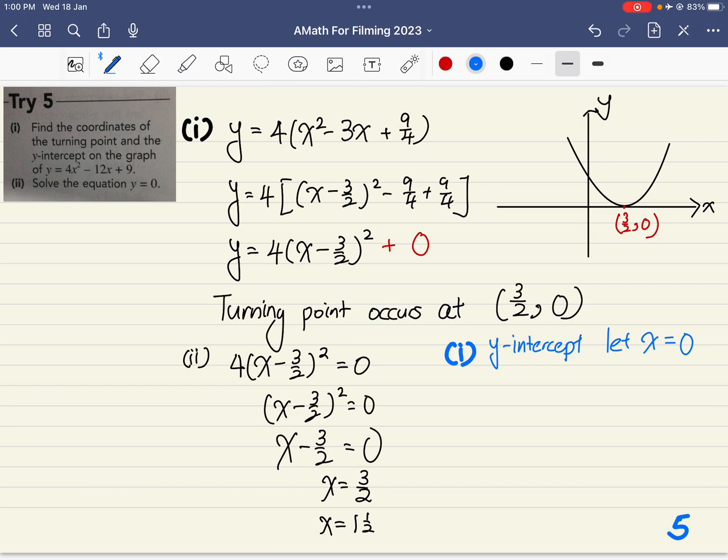So I'll just substitute it into the end. So y equals 4 times (0 minus 3 over 2) squared. So 9 over 4 times 4 will give me 9. So my y-intercept is 9. Let me write that. My y-intercept is equal to 2 and 1/4.